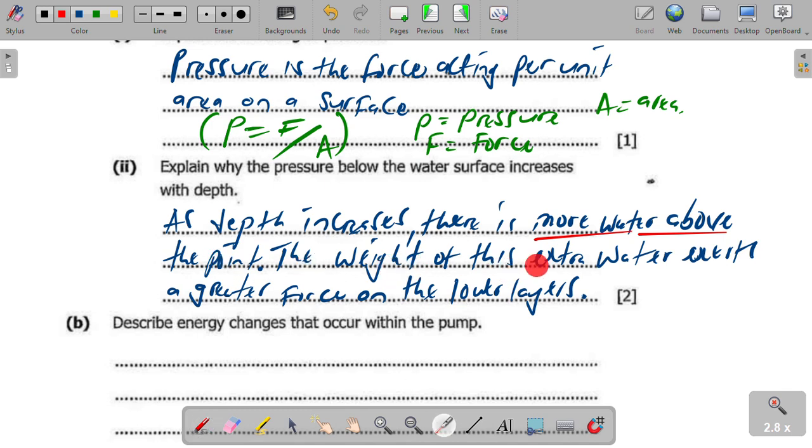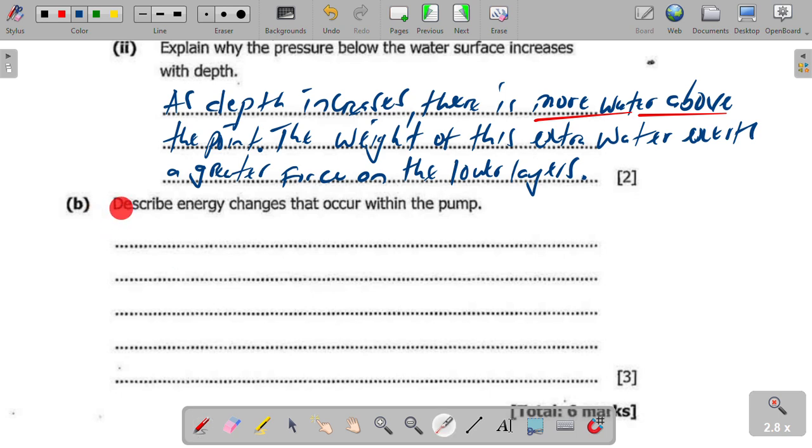The weight of this extra water exerts a greater force on the lower layers. This is how the pressure increases below the water surface with the depth. Okay, let me just write this properly.